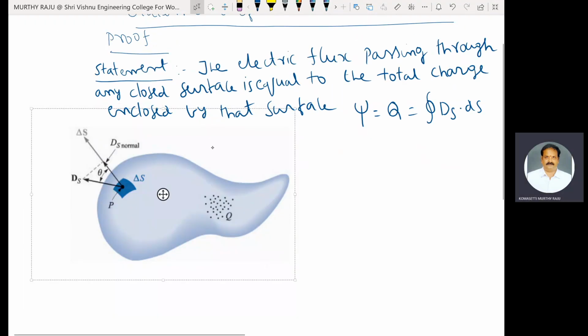Consider this figure. Let us imagine a distribution of charge shown as a cloud of point charges surrounded by a closed surface of any shape.